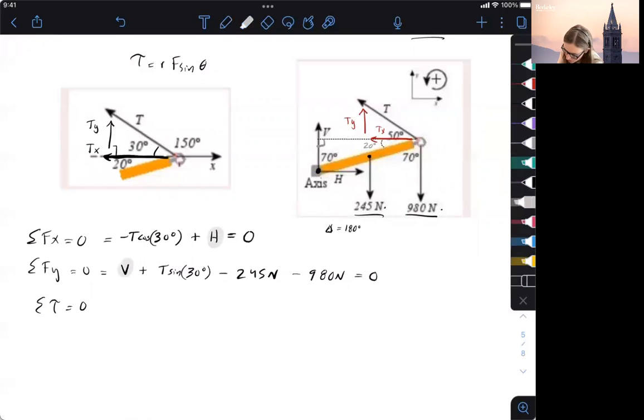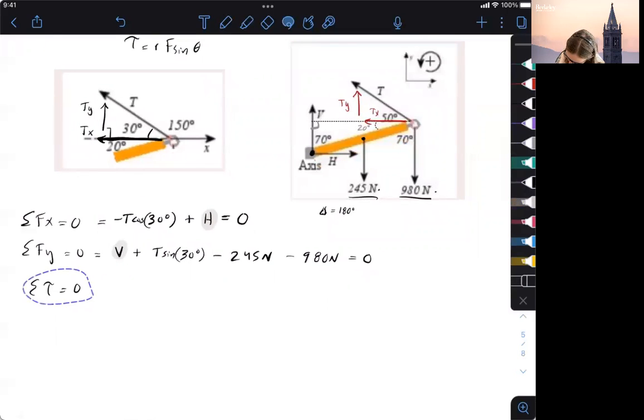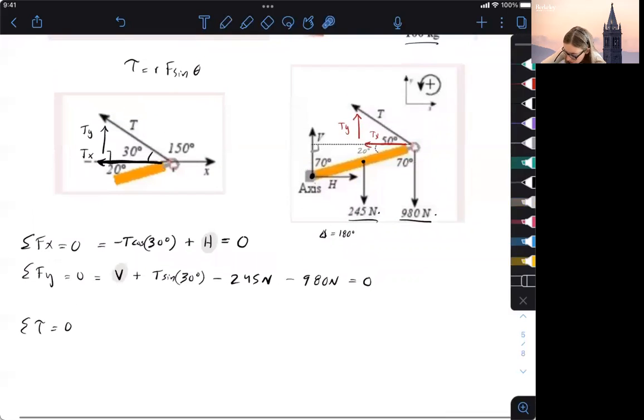Okay, so let's look at the torque from the weight of the beam. Sorry, before I say that, when we find the sum of torques, we pick a pivot point. The pivot point can be anywhere on our object that's in equilibrium. We want to pick a pivot point that has unknown forces on it, because in our equation for torque, the r distance is the distance that the force is away from the pivot point.